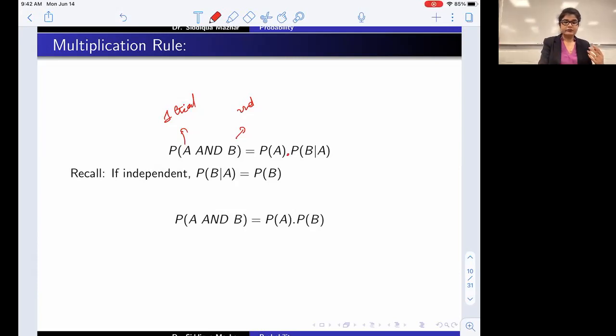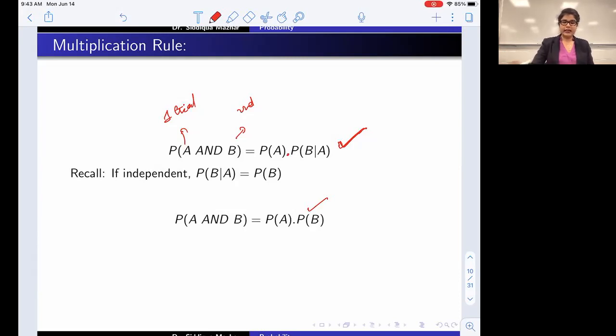So in that case, we will be using this first formula. If it is independent, like finding a Jack in the deck of cards and putting it back into my sample space, then this has nothing to do with the first experiment, because the total number of cards still remains the same. So the probability of the second event will remain the same as in the first experiment.